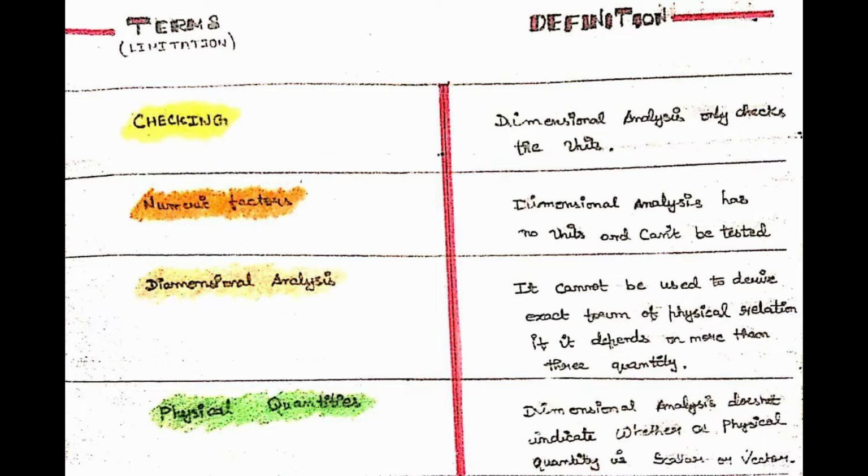It means that dimensional analysis can derive only relations which depend on three quantities such as mass, length and time. Fourth, physical quantities. Dimensional analysis does not indicate whether a physical quantity is scalar or vector.